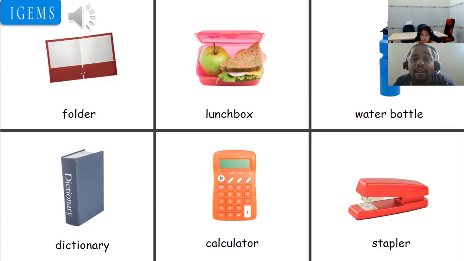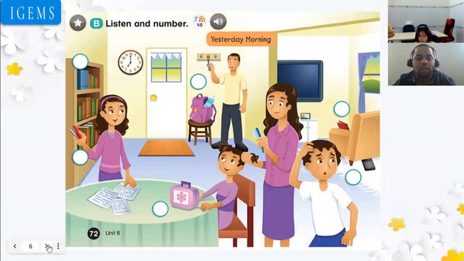And the other one, a stapler. That's right, a stapler. Don't forget it. Always this one is gonna be a stapler. We use it to staple papers and all that. So here, let's continue.